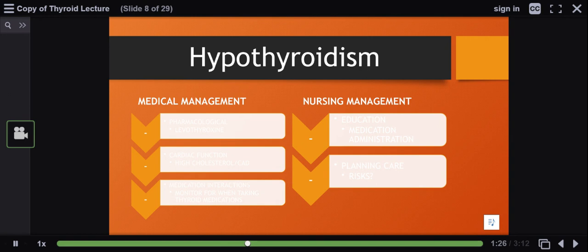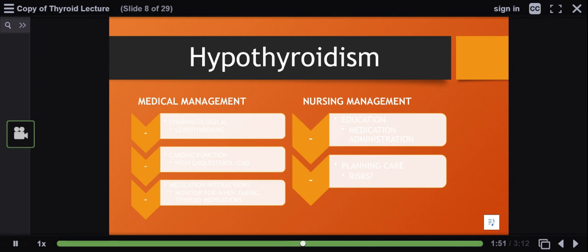And what happens usually is when a client has hypothyroidism, their cardiac system is usually affected. However, the patient at first is usually asymptomatic because when they're in a state of hypothyroidism, their metabolism is low, and these patients require less oxygen to the tissues to begin with.